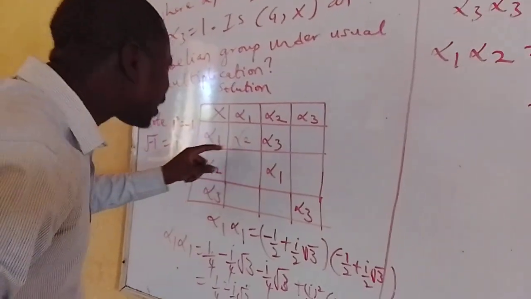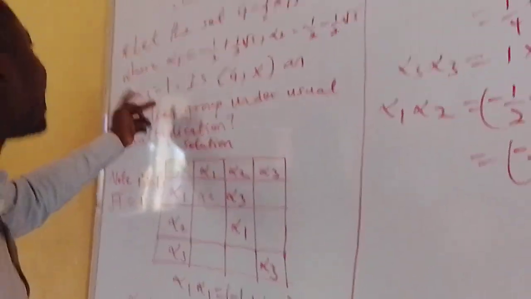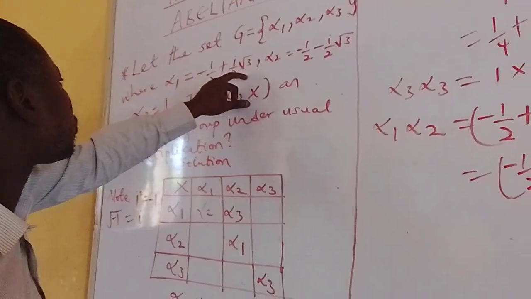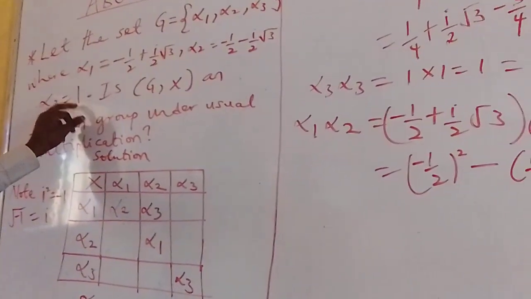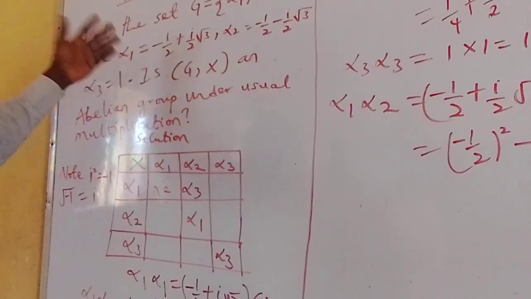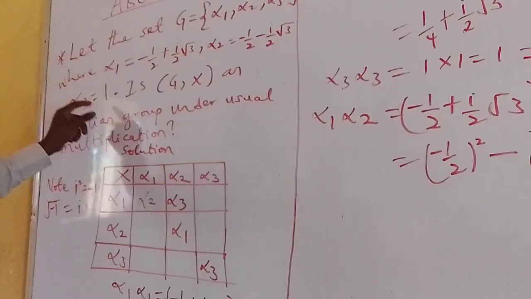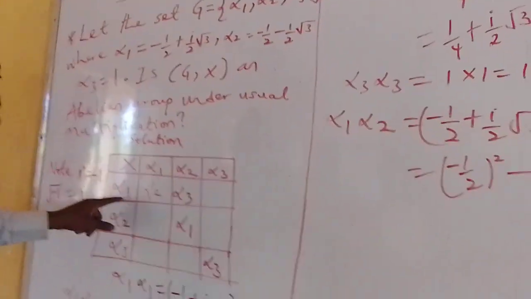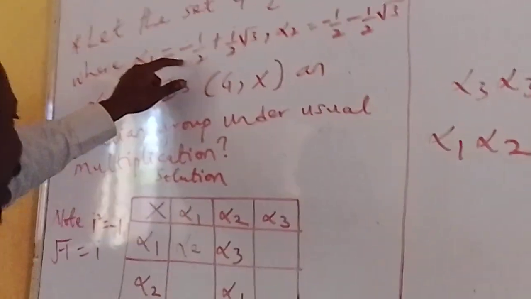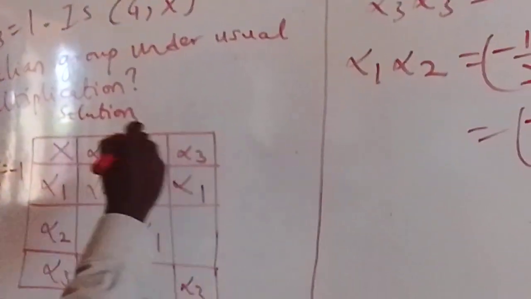Then alpha 1 times alpha 3. Since we know that alpha 1 is this expression and alpha 3 is unity, which is 1, 1 multiplied by anything, nothing will change. So alpha 1, alpha 3 will be the same as alpha 1.